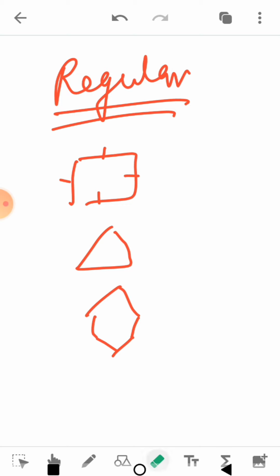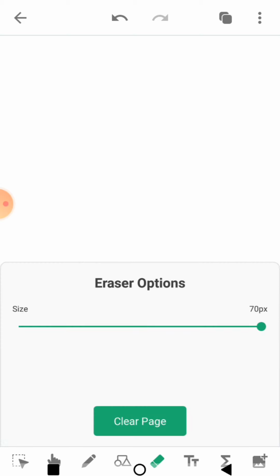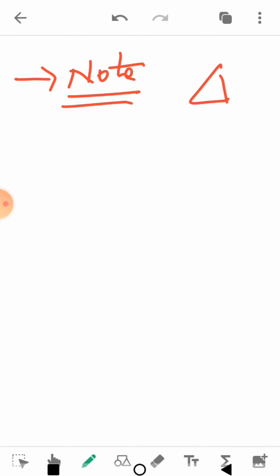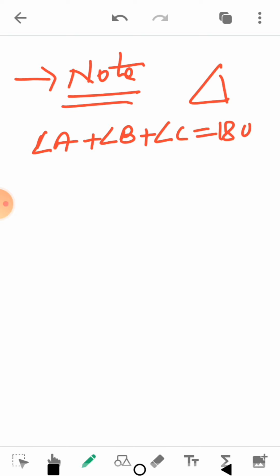Now note, we have to note down something. What do we have to note down? The sum of all angles of a triangle, angle A plus angle B plus angle C, will be 180 degrees. That's it.